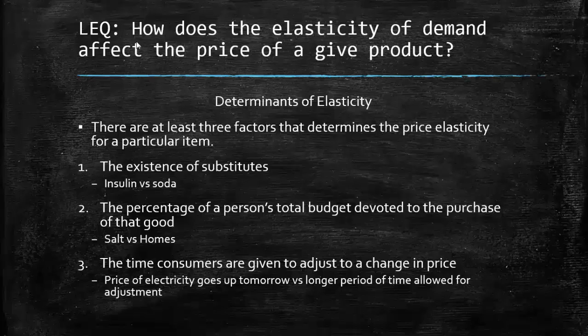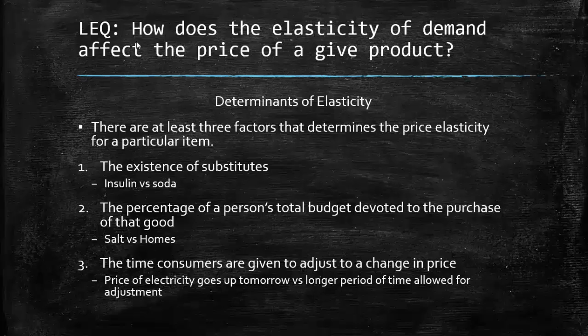No one's going to buy salt anymore. We're all going to change to what? What's a good substitute for salt? I don't know. So because salt represents such a small percentage of a person's total income, we call that inelastic, because even though the price goes up or down, it's such a small amount we just don't care. All right, that's salt.